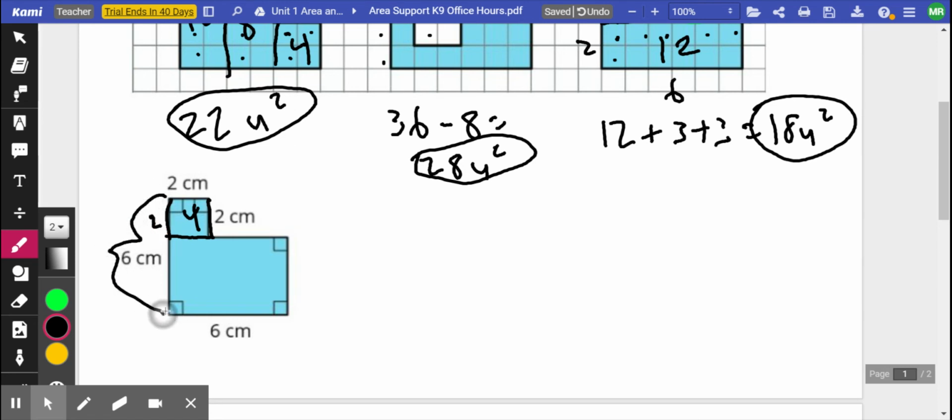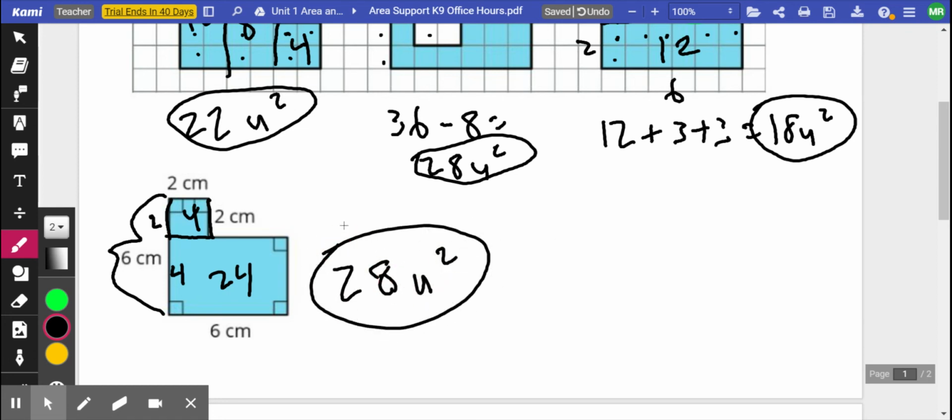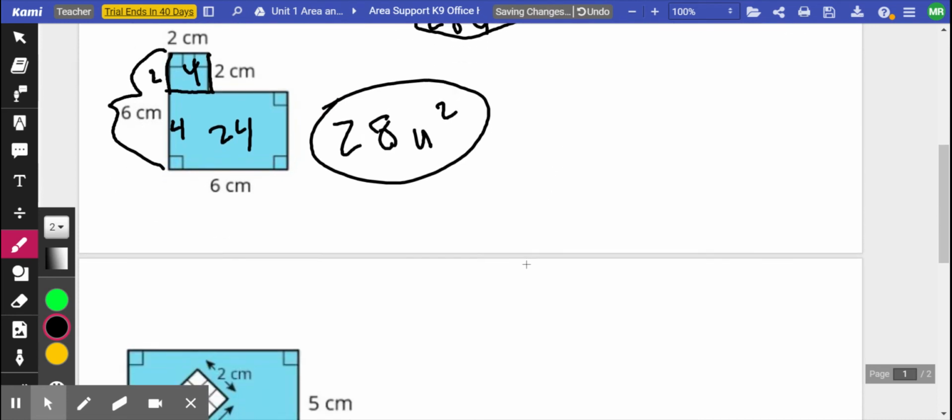And if this entire side is 6 centimeters, 6 centimeters minus that 2 centimeter chunk leaves us with a 4 centimeter chunk. 6 times 4 is 24. And then 24 for the large rectangle plus 4 for the small square means the total area of that figure is 28 square units.